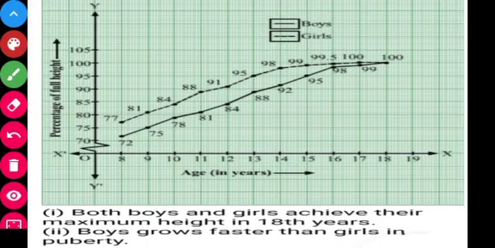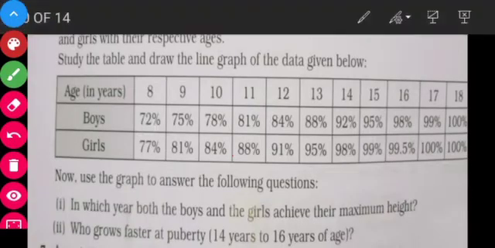Now here, age on the x-axis started from 8, so take 1 unit as 1 year. So start from 8, 9, 10, 11, 12, 13, 14, 15, 16, 17, 18, 19. And now on the y-axis, percentage of full height, which was given from 72%, so start from 70 directly.